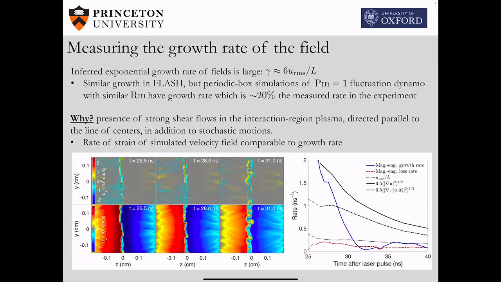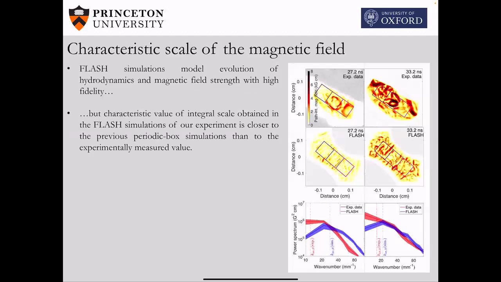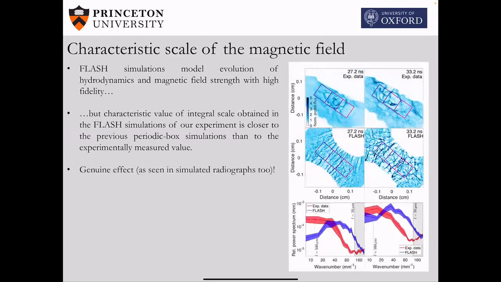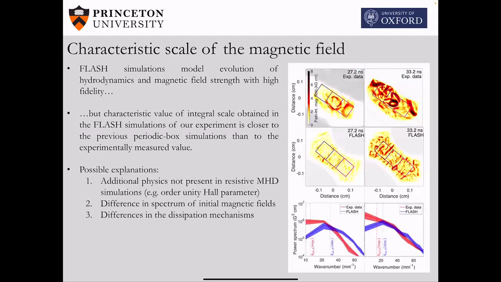I have a second one then. Yeah. When you were mentioning the discrepancies between what you measure and the FLASH computations, you mentioned that it could be related to additional physics not in MHD, or differences in spectrum, differences in dissipation mechanisms, a lot of subtle effects. But on the other hand, you hardly know the geometry itself of the flow, right?